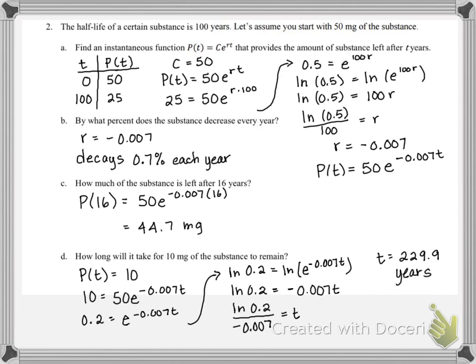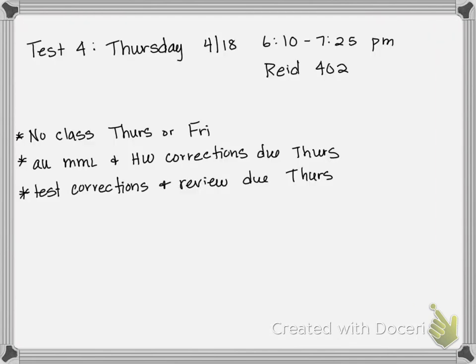Good. Years. Do you have to divide the 50 right under this thing right there? Or no? Can you leave it? Because I left it and it still got the same answer. So it depends on what you did after that. Because if you did the natural log of 10 equals the natural log of 50 e to the negative 0.007t, then you'd have to rewrite it as addition.